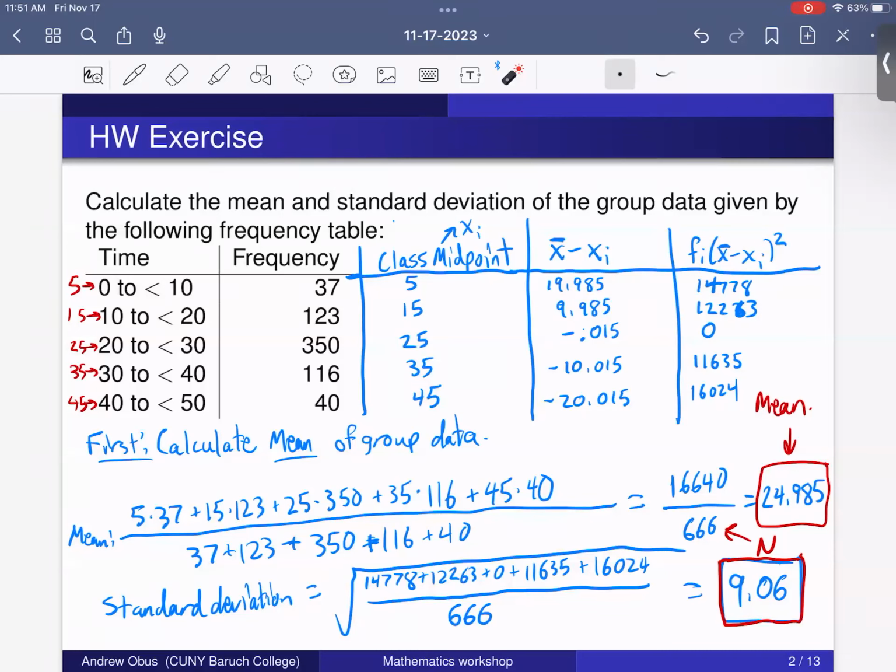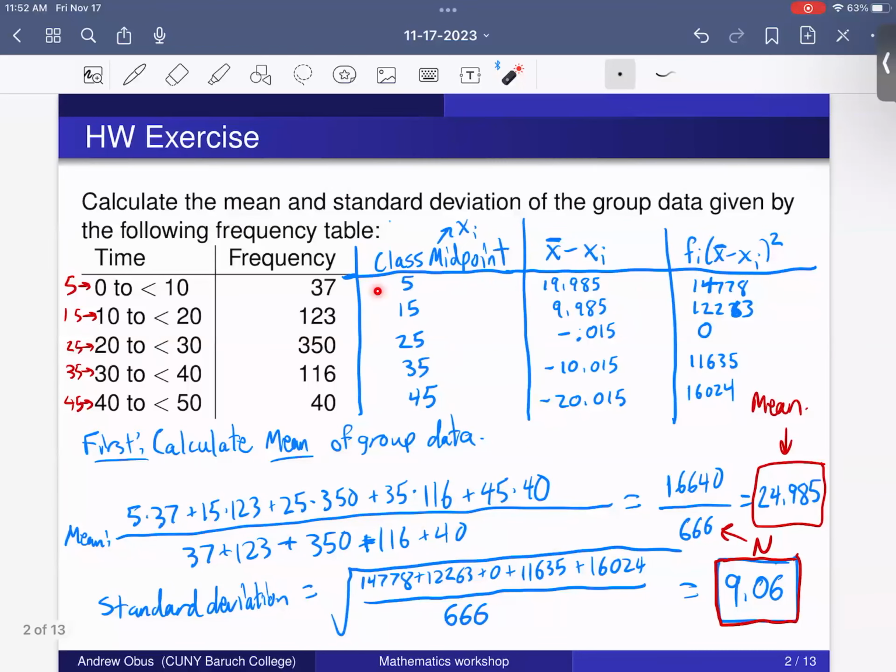If you got 100, or something negative, you would want to look at this data and say the answer could not possibly be 100. There is no sense in which this data is on average 100 away from the mean of 25. So it's always good to look at your answer and make sure that it actually looks reasonable.